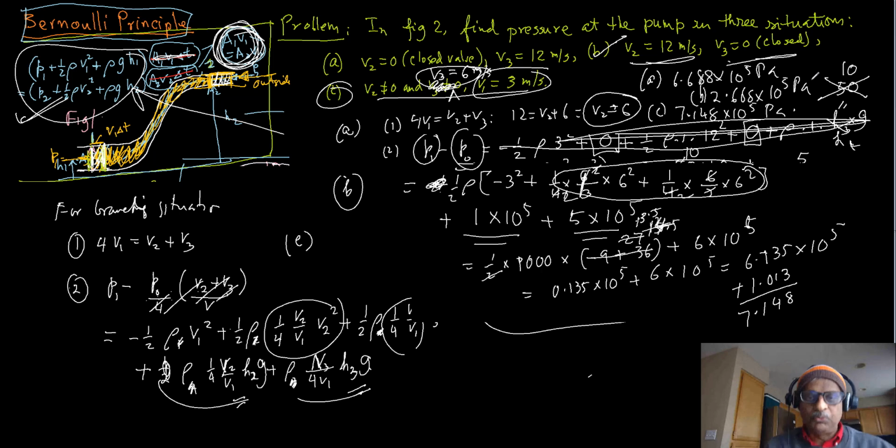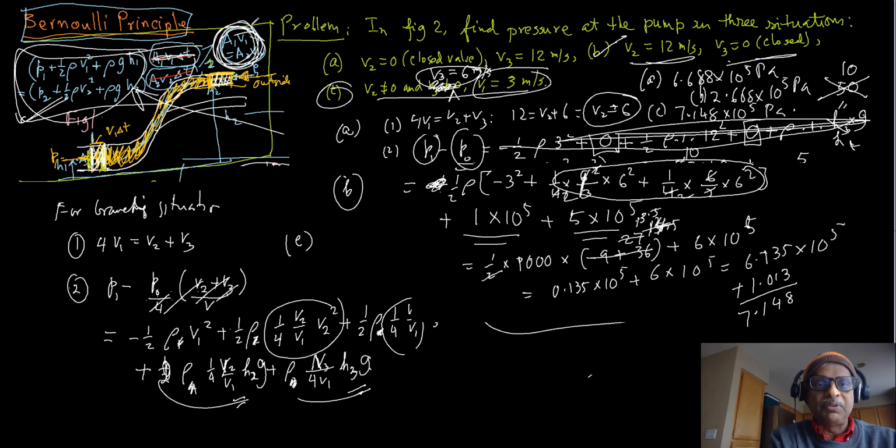Okay, so we really do a whole bunch of calculation here. Some of them I got lost. The upshot is when you have branching, you have to apply this very carefully, because the conservation equation is a little more complicated, and you have to work with the conservation equation as well as Bernoulli.